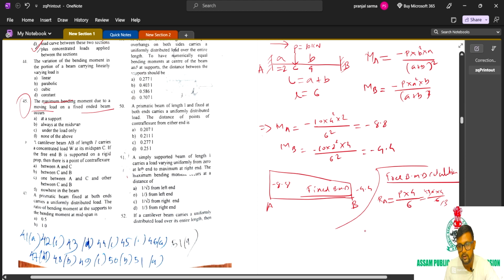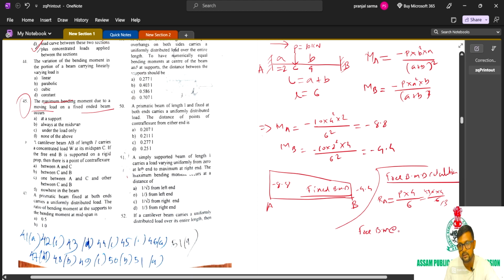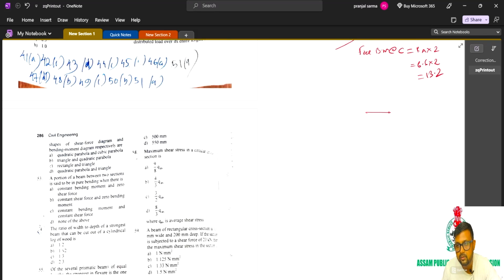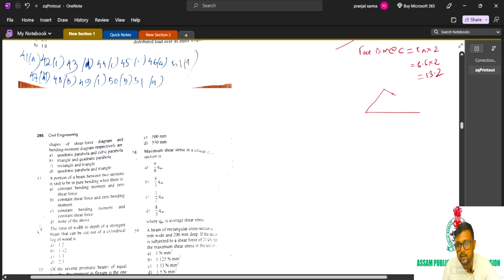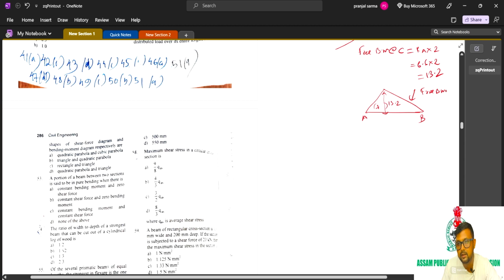Right. Then what is the moment? Free bending moment at C. What's RA into A, right? RA into 2, so 6.6 into 2, 13.3. So what is the bending moment diagram now? The bending moment diagram, A, B, BMD.